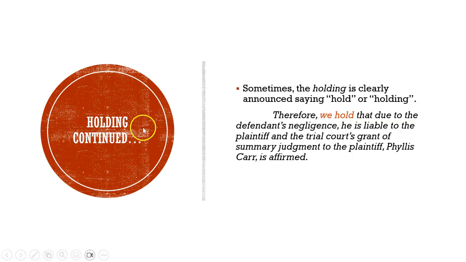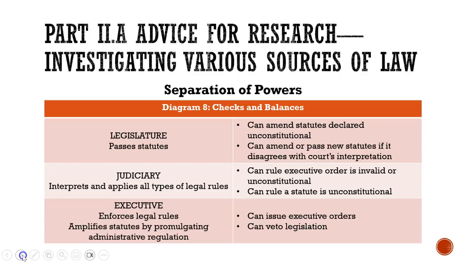In this case, we know we have a holding when it's clearly announced, hold or holding. In this particular example, it was clearly announced. We don't always see that, and especially when you're first starting your research and reading cases, you want to see it a lot, but you don't.